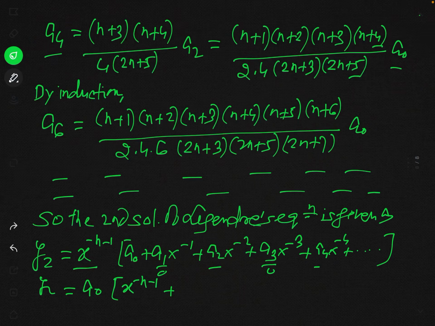a2 we have already calculated, so when we substitute this value of a2 here, this will be (n+1)(n+2) divided by 2 into (2n+3), into x to the power -2, and here is x to the power -n-1.